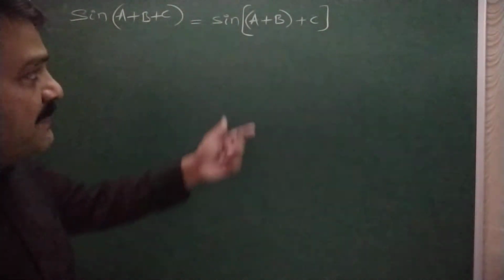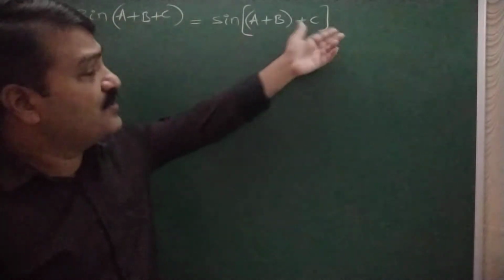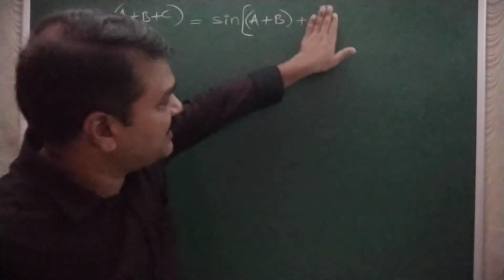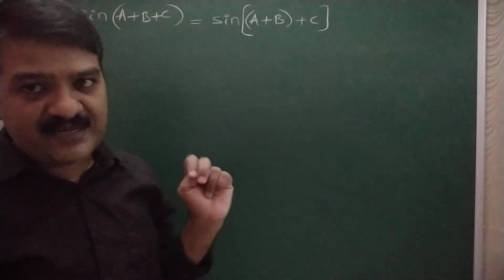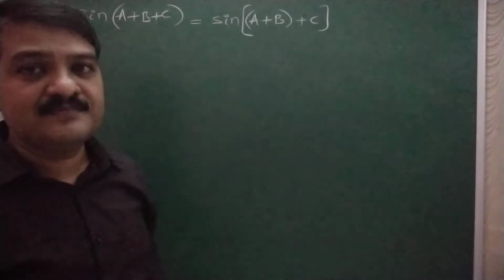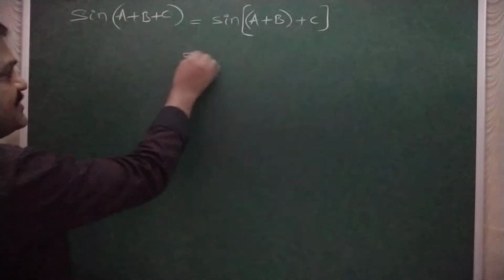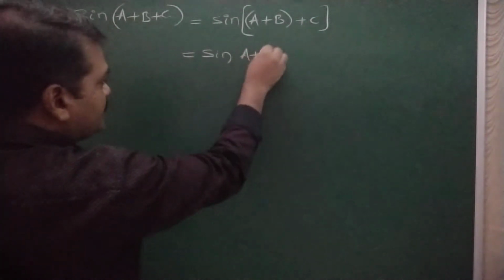So this is the first angle, this is the second angle. So only two angles I am considering, so I can write this formula in the sin of A plus B model.